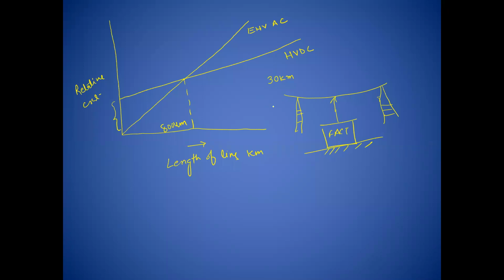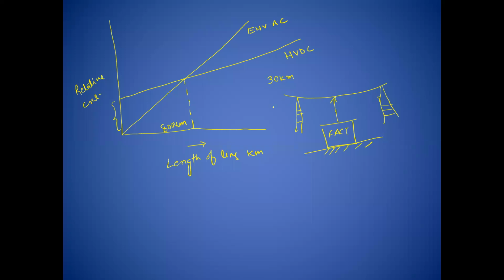As compared to the cable, because in case of cable we have to consider the charging current. And as soon as the length of the cable is more than 30 kilometers, it is not possible to transmit a large amount of power.